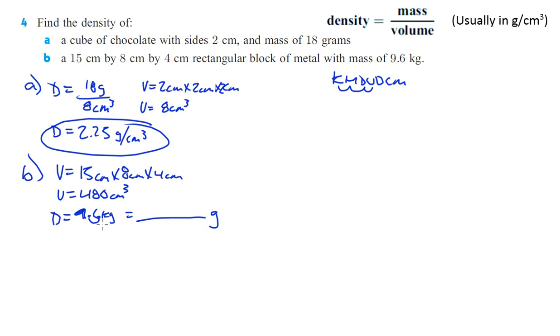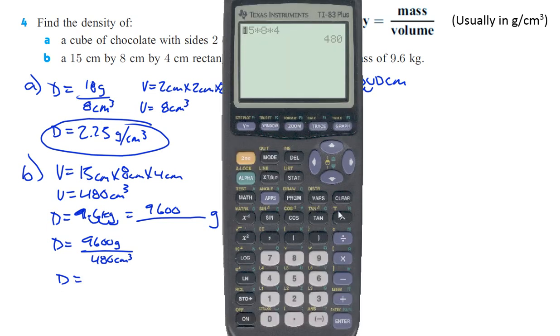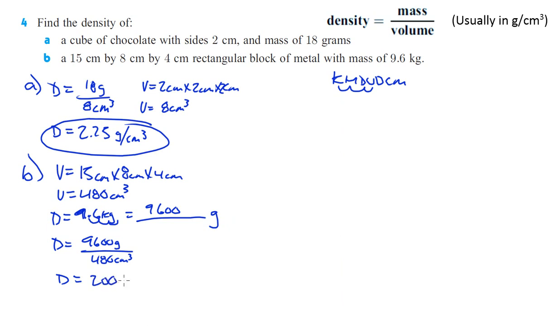So that's 9,600 grams. So our density is going to be 9,600 grams divided by 480 cubic centimeters. 9,600 divided by 480, and we get 200 grams per cubic centimeter.